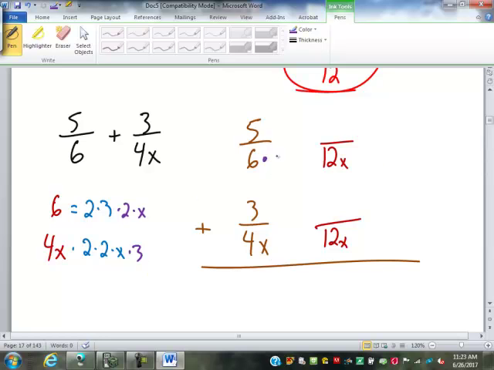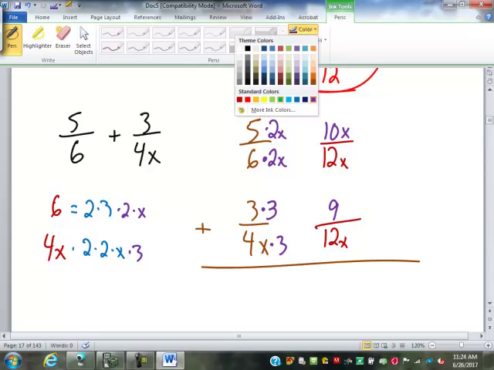So what did the 6 have to be multiplied by? 2 and x. So 5 times 2x is 10x. Good. What did the 4x have to be multiplied by? Just 3. How about 3 then? 3 times 3 is 9.